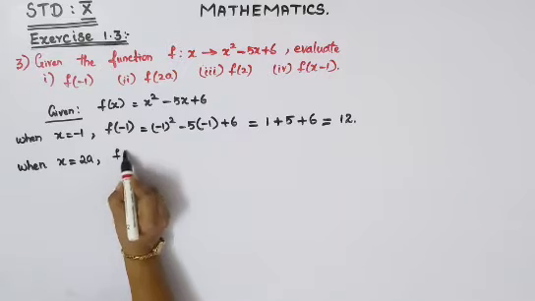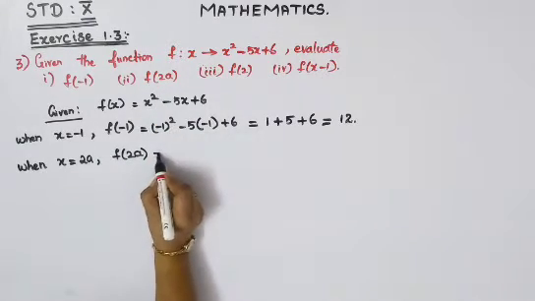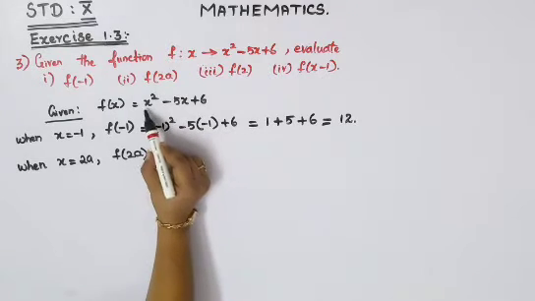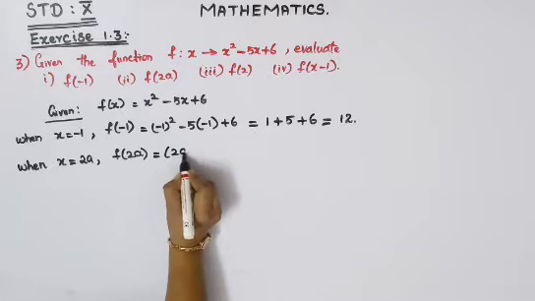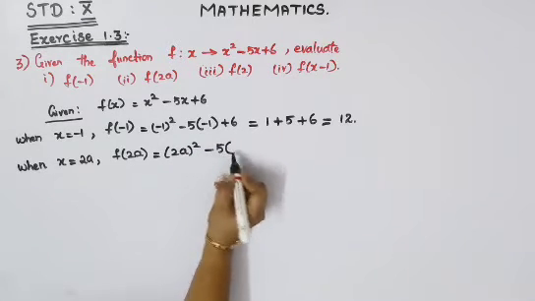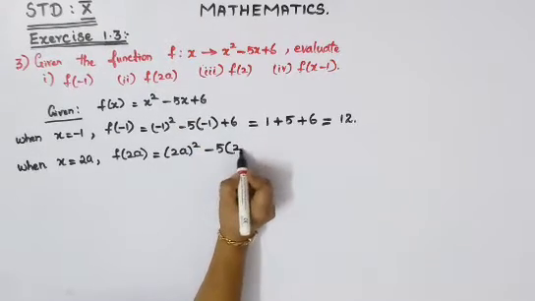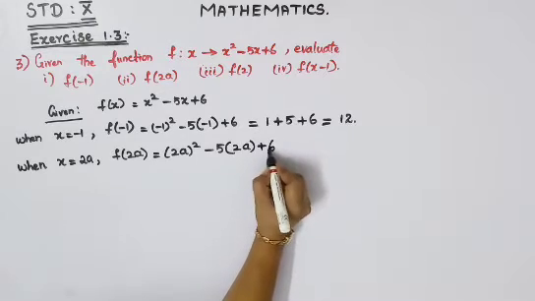So f of 2a, that is only we needed to find it here. So that is equal to, towards your right hand side, for x you will have to put 2a. So you will get 2a the whole square minus 5 into x is there. So we will just write 2a plus this 6 is there. So write that 6 as it is.